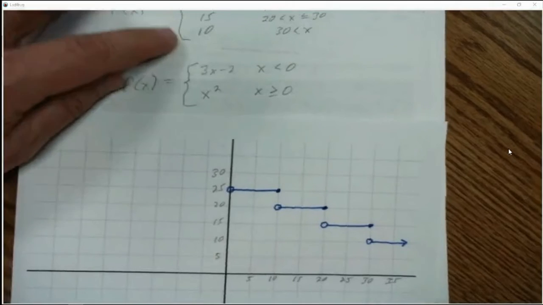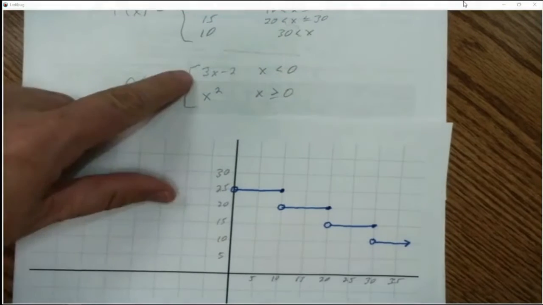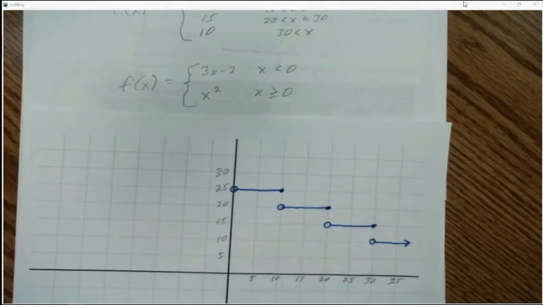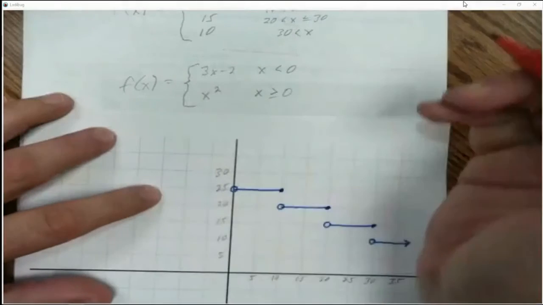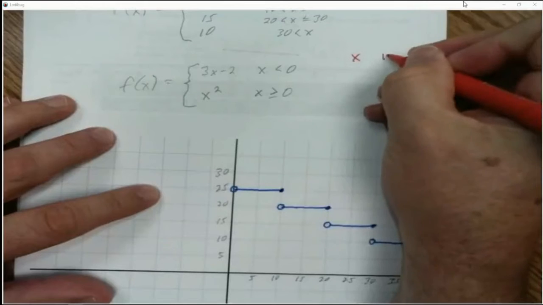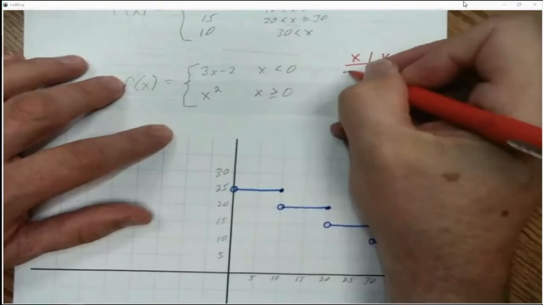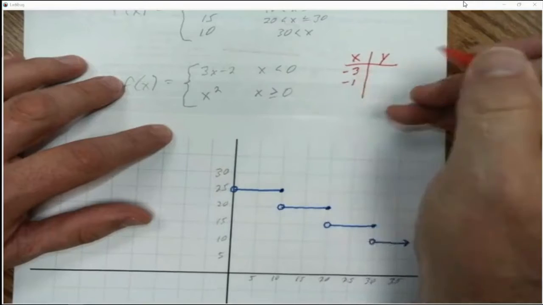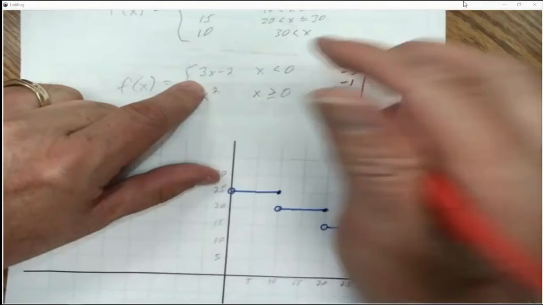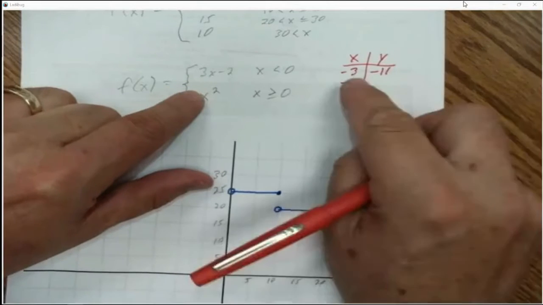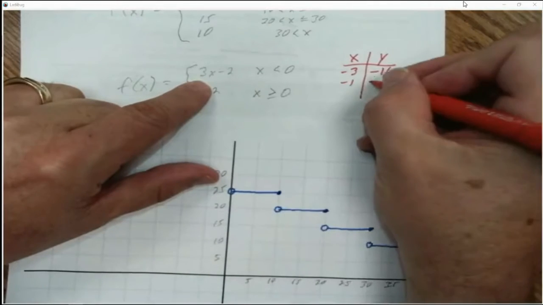If I wanted to graph this one by comparison, let's say I had a piecewise function like this, 3x minus 2. I might need to plot a few points, right? I can say, okay, an xy point, if x is less than 0, so let's do -3 and -1. -3 times 3 is -9, minus 2 is -11. -3 times 1 is -3, minus 2 is -5.